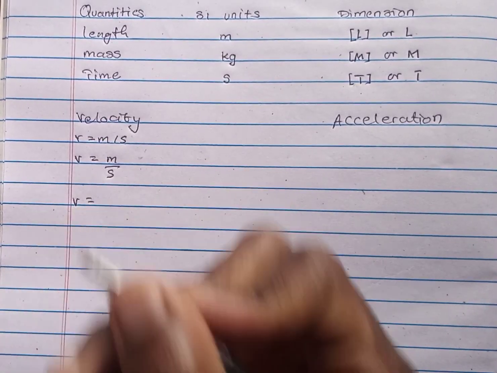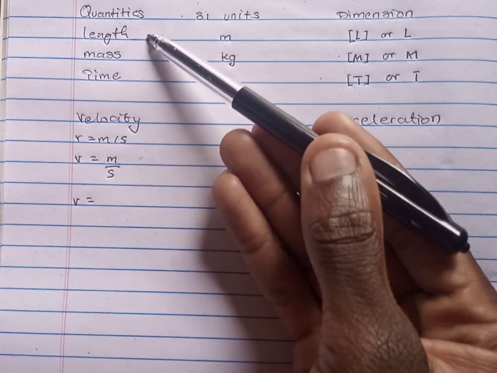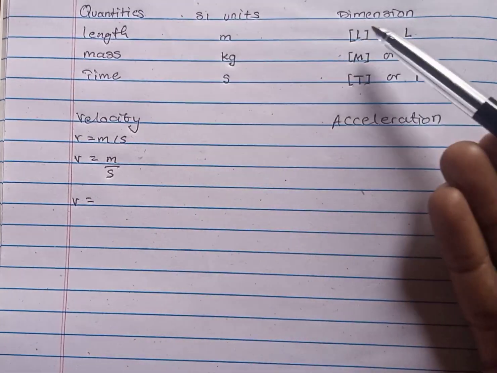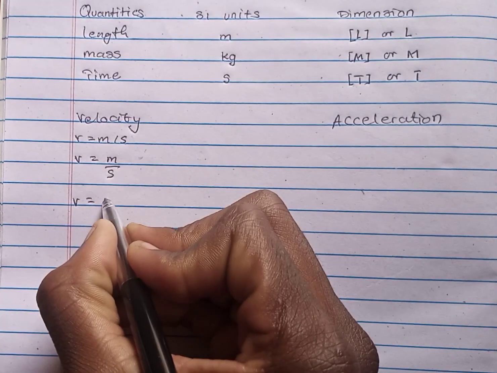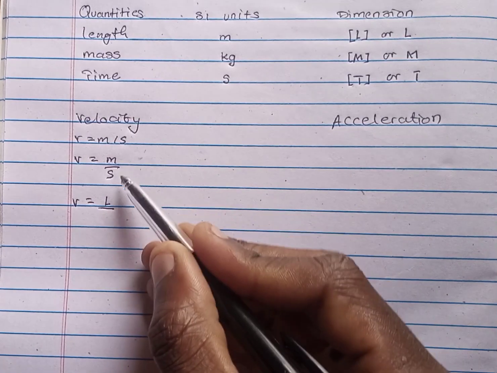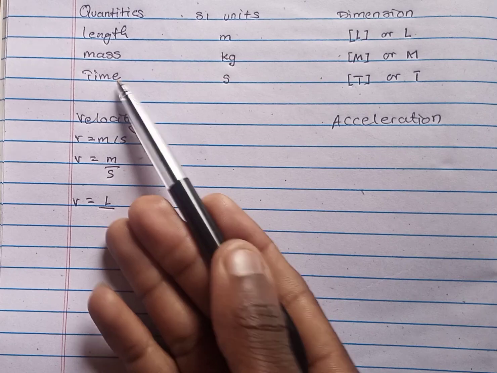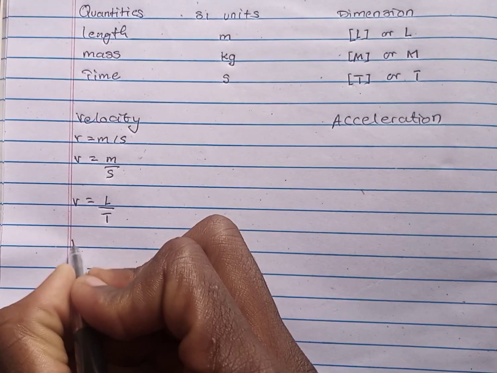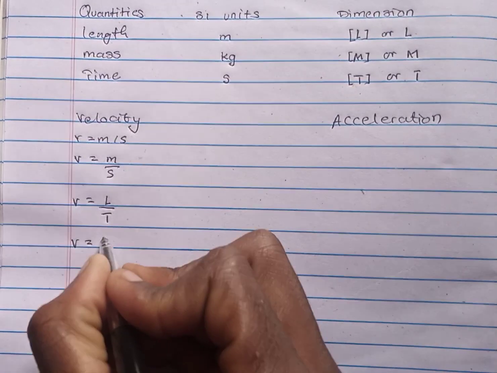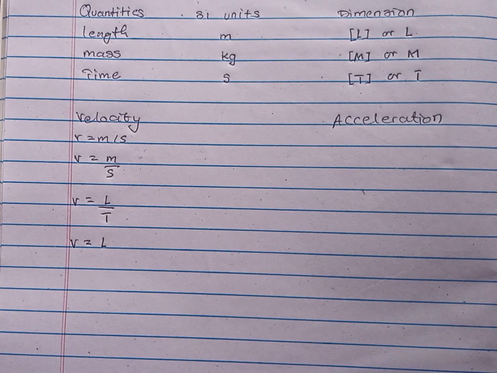So velocity is equal to, this SI unit meter is for the quantity length, and the dimension for length is L. So instead of writing M here for meter, we're going to write L over S. S is the SI unit for the quantity time, and the dimension for time is T. So we're going to write over T. So velocity is equal to L. Now, writing T at the numerator, we're going to multiply the power of T with a negative.